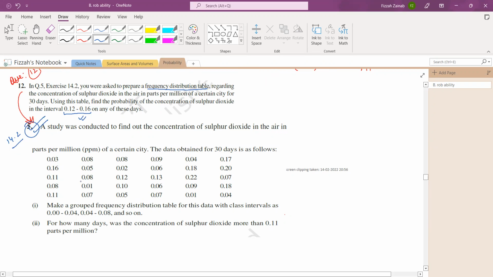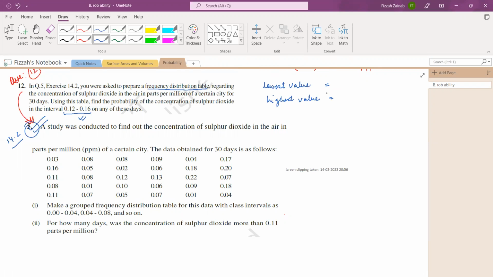Now, to construct a table, what we did: first write the lowest value. What is the lowest value in the data? And the highest value. Ma'am, 0.01.